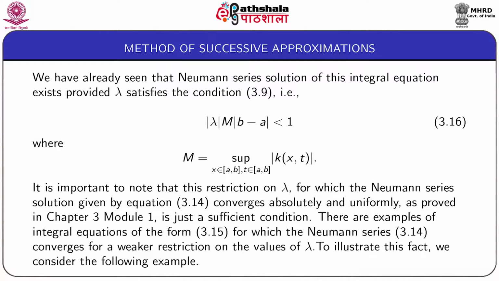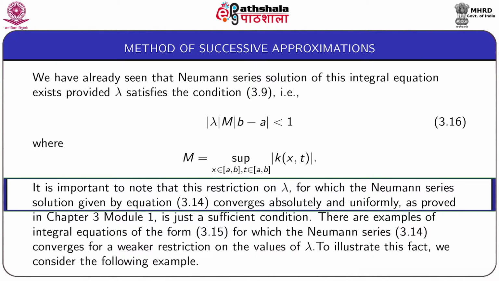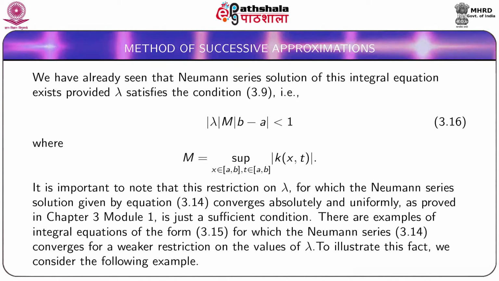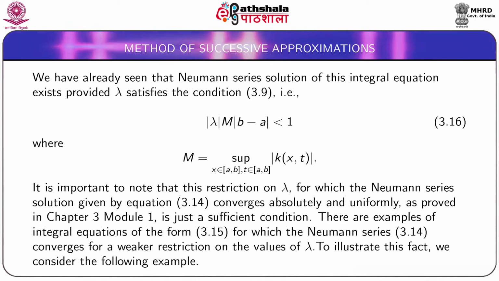Here capital M is the supremum of the function mod k(x,t), x and t both belonging to the closed interval [a,b]. Now, the restriction on lambda as given by equation 3.16, for which the Neumann series solution converges absolutely and uniformly as proved in the previous module, chapter 3 module 1, is just a sufficient condition.